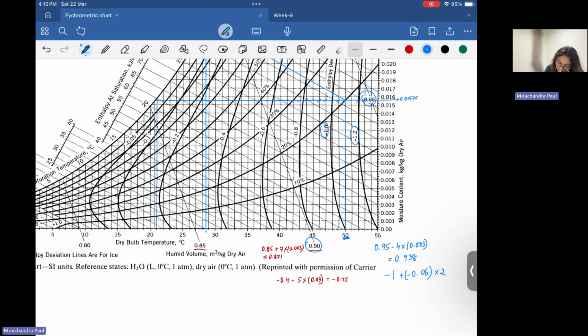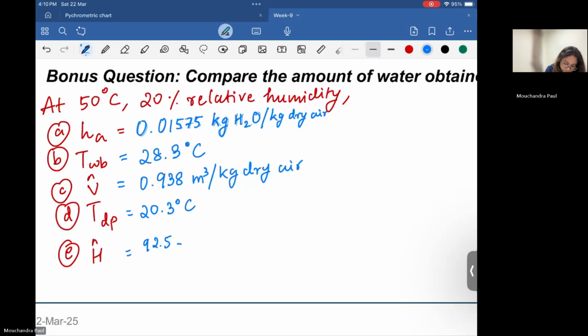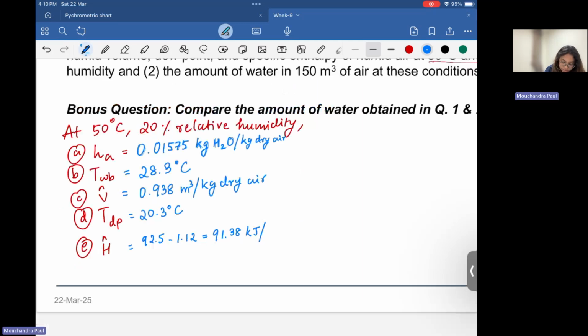It is minus 1.12. You get 91.38 is the specific enthalpy.